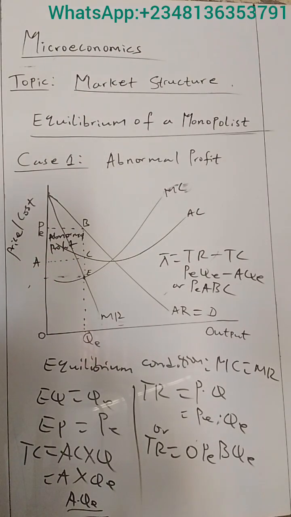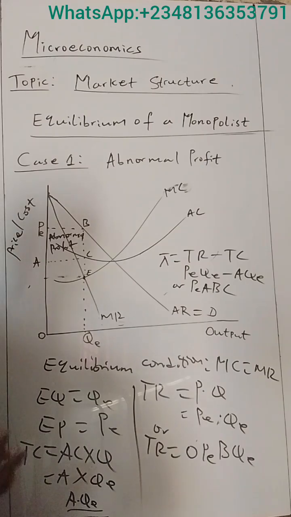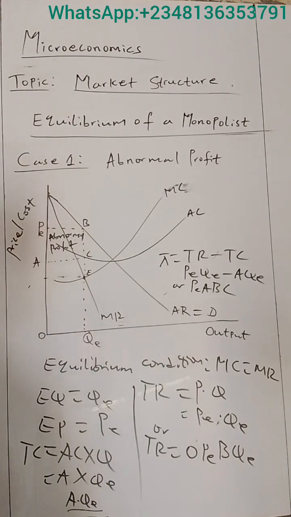If the profit is positive, we call it abnormal profit. But if it is zero, we call it normal profit or zero profit. If it is negative, that is a loss. In this case, we are dealing with abnormal profit. Wherever the price of the commodity is above the AC curve, the firm will always make abnormal profit. In our next video, we'll be talking about another case, the case when the monopolist makes a normal profit.